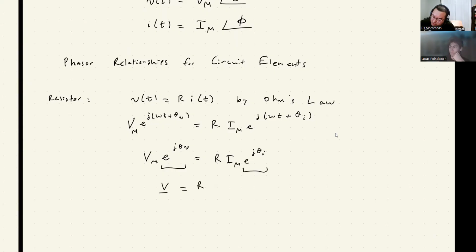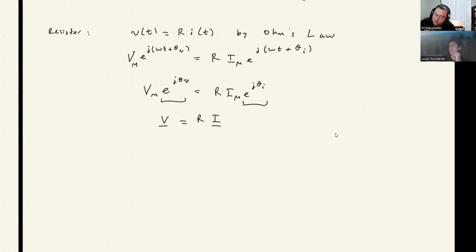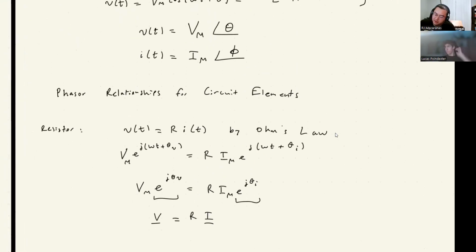So V is equal to R times I. They use this boldface notation to represent these phasors. So here we can see that the phases of the voltage and the current through a resistor are going to be equal when driven by a sinusoidal source.